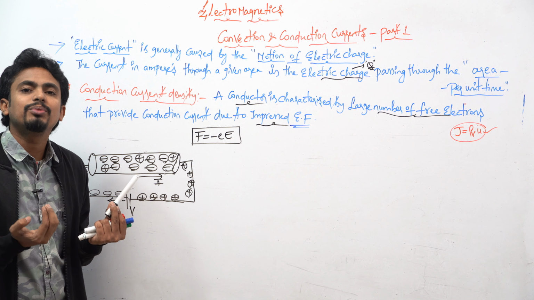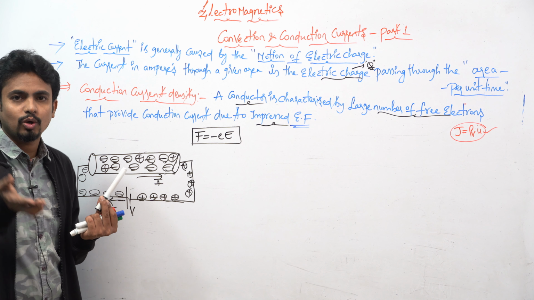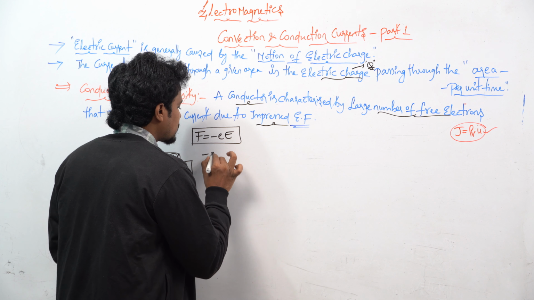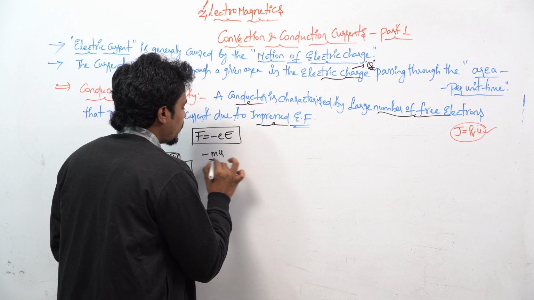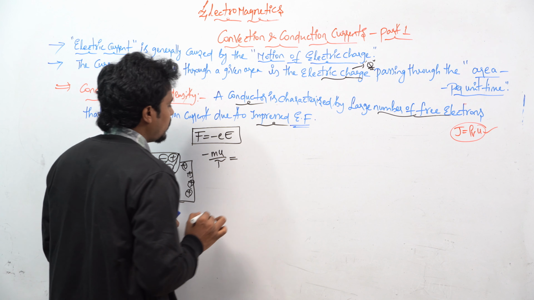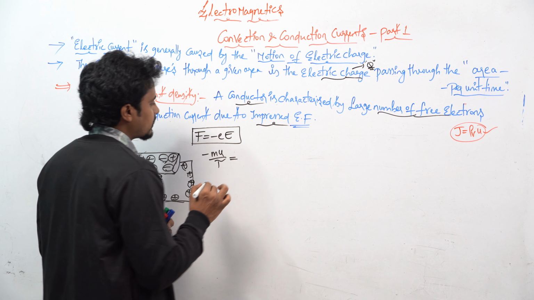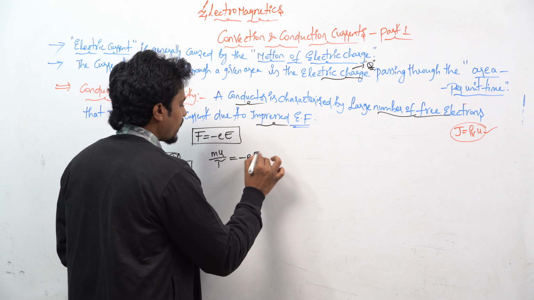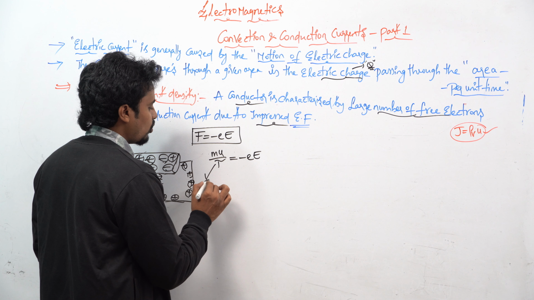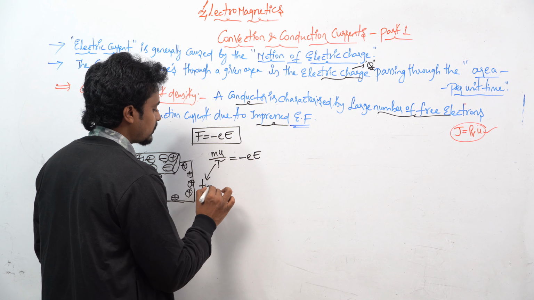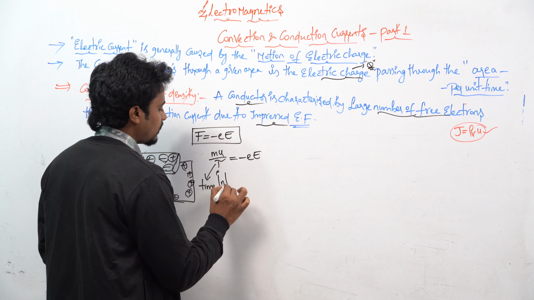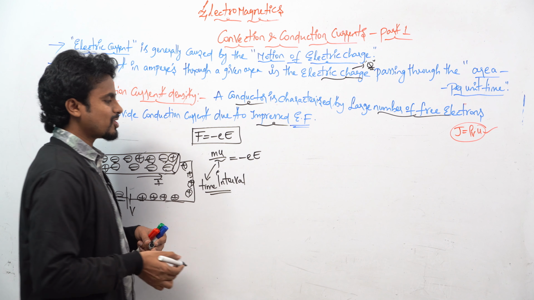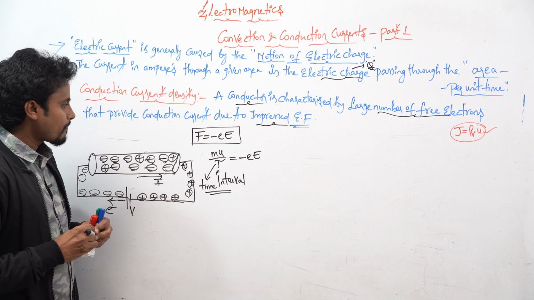Let that time period be tau. So here minus mu divided by tau will be equal to minus small e into capital E. This tau represents the time interval of how many collisions are happening.